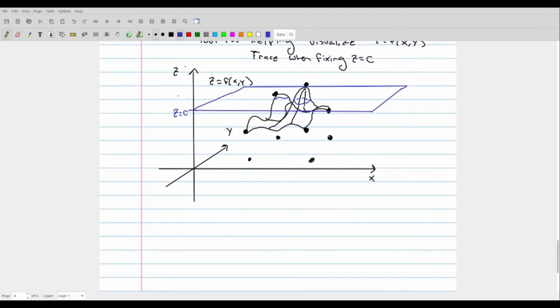You can visualize moving this c value up or down, and the curve of intersection is the level curve of the function. So if you consider multiple different level curves, you get a visualization of how this function is getting larger or smaller in the plane, as you move around the domain space of this function.